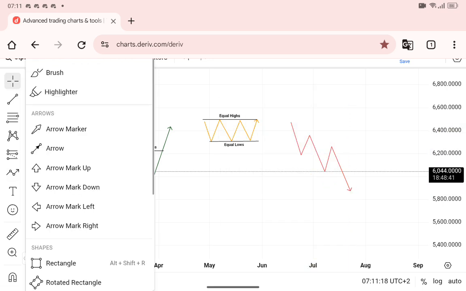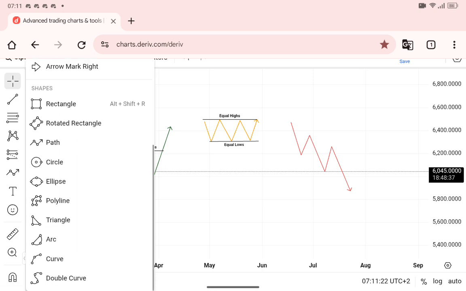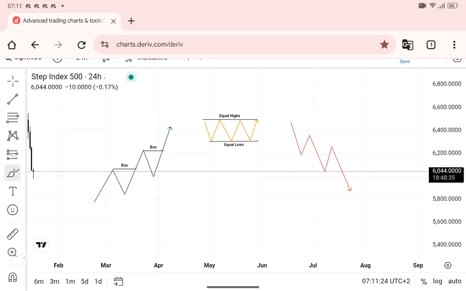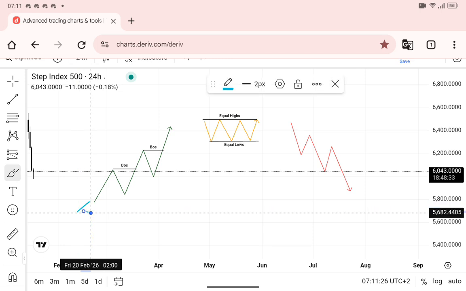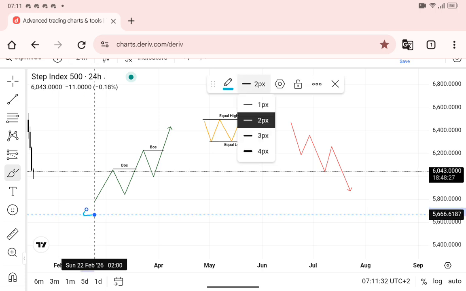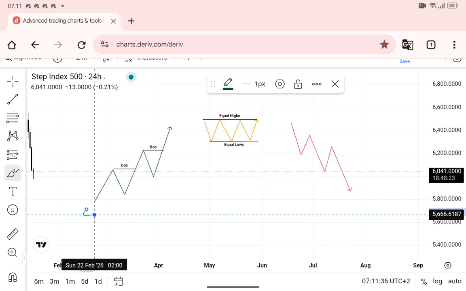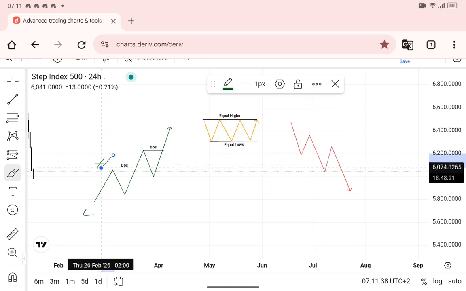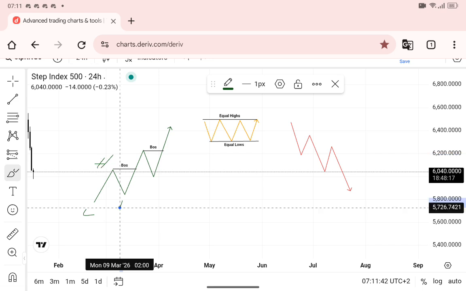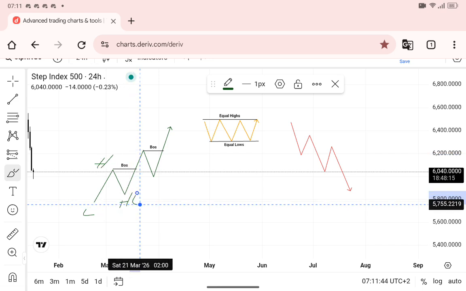Now when price starts, you can see that you start by having a low here, right? Then a high. Then instead of price breaking the previous low, it gives you a higher low because it's higher than the previous low.